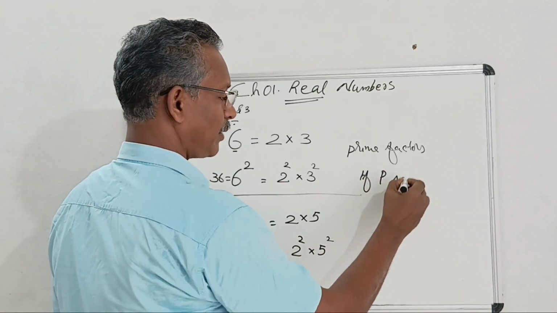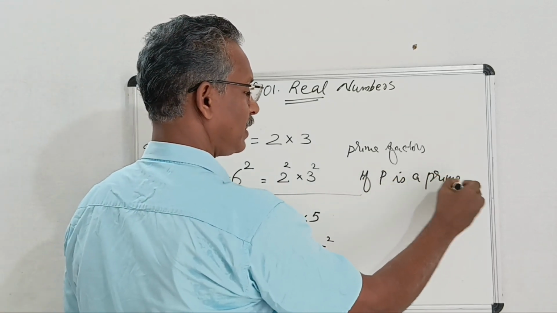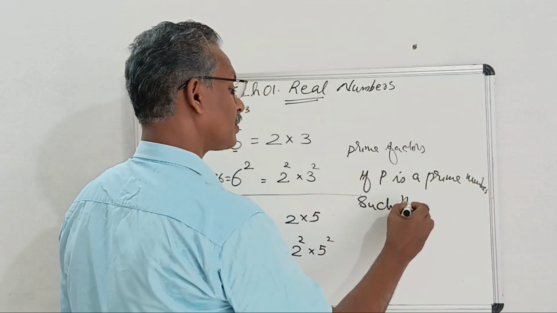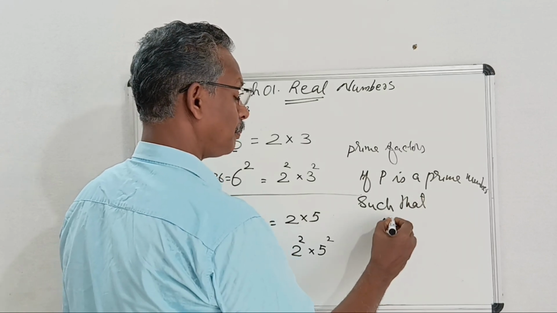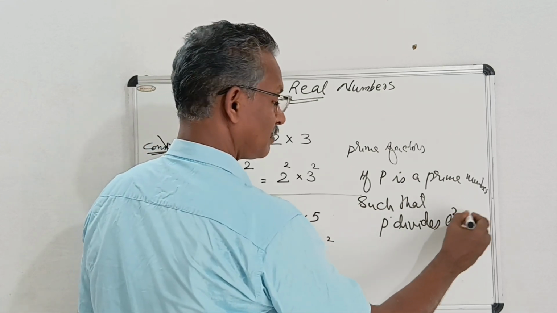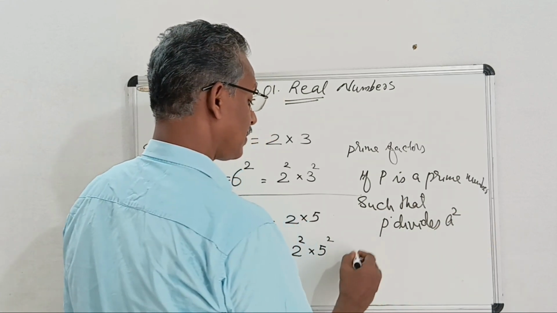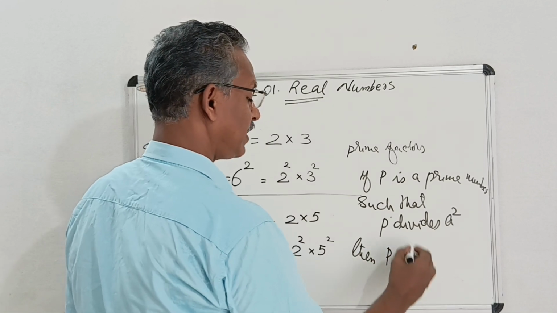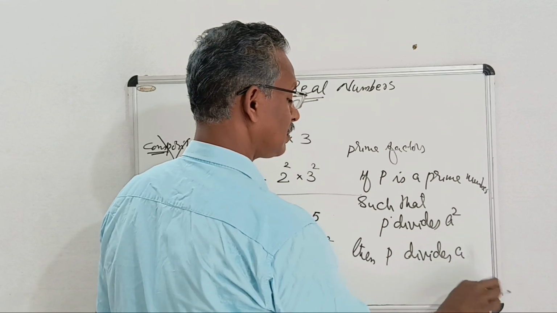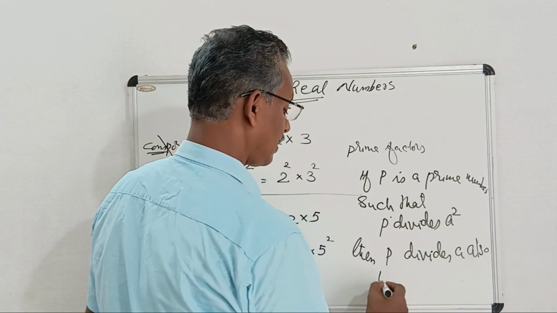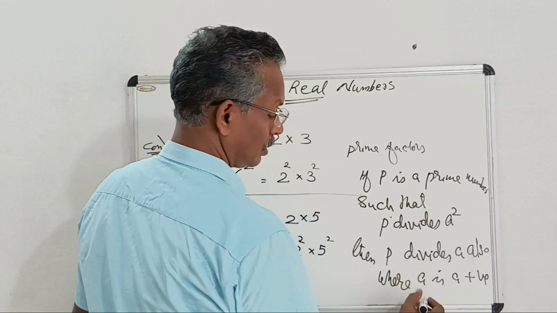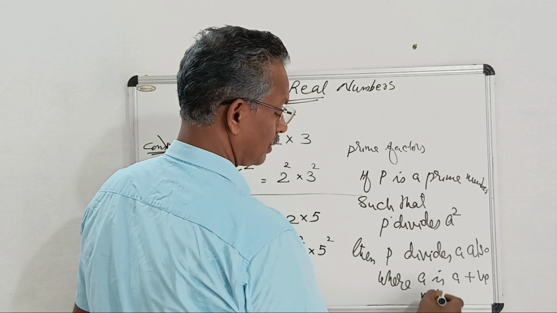If P is a prime number such that P divides A square, then P divides A also, where A is a positive natural number.